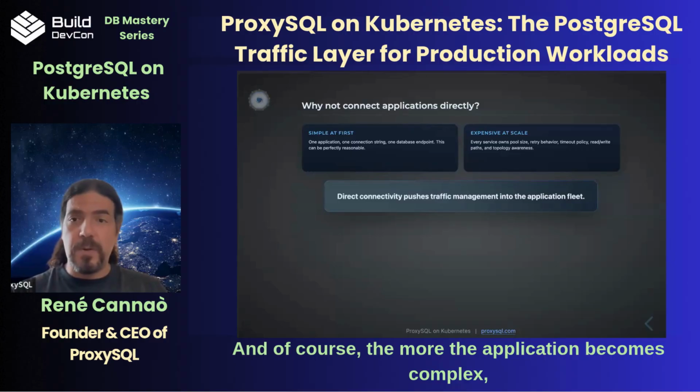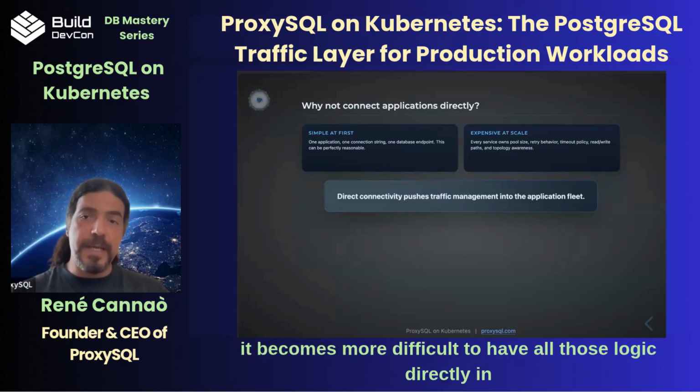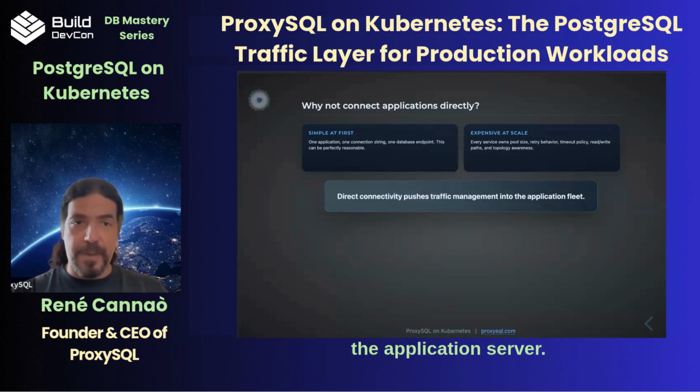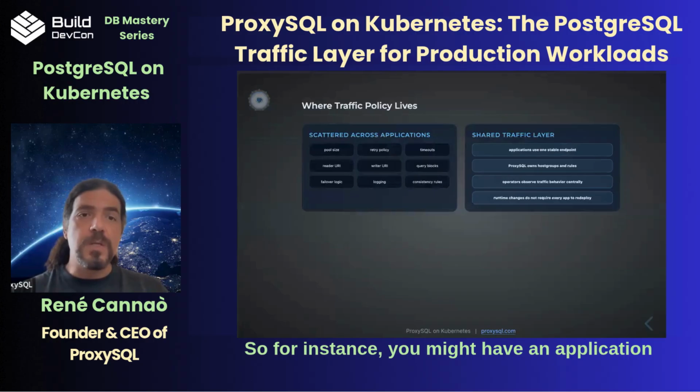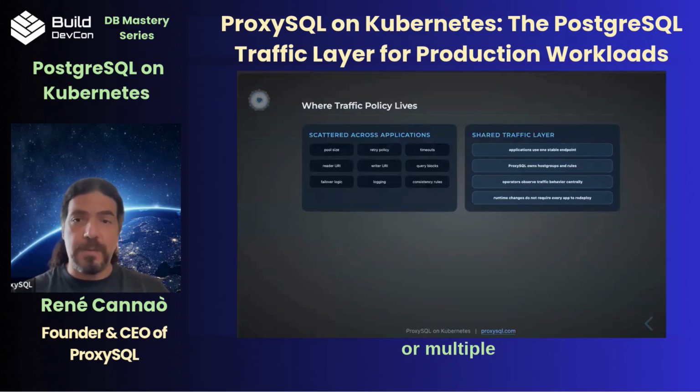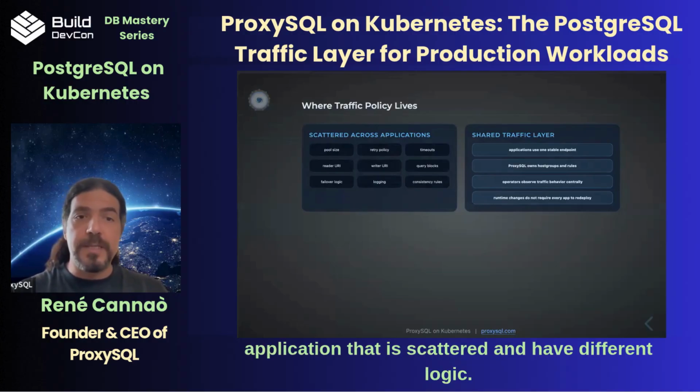And of course, the more complex the application becomes, the more difficult it is to have all that logic directly in the application server. For instance, you might have multiple applications that are scattered and have different logic.